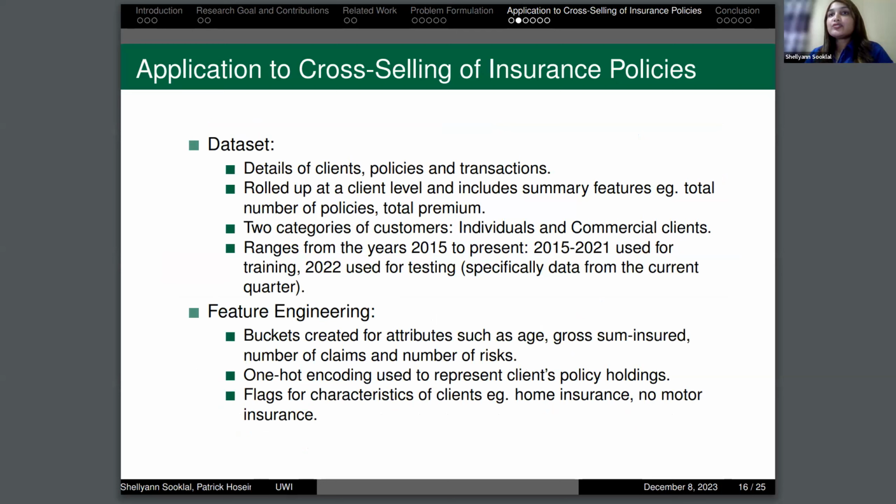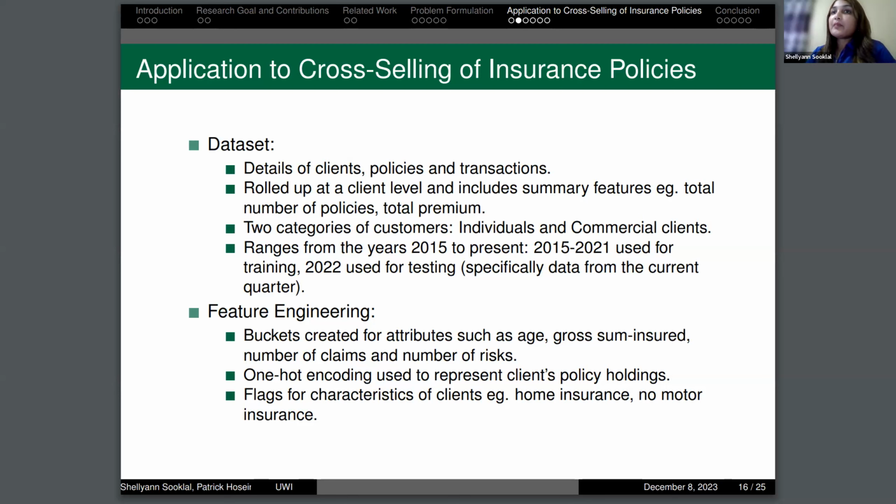The data contains two types of clients, individual and commercial, but for our testing, we only use data on individual clients. The data range from 2015 to present, and data from 2022 was used for testing, and everything prior to that was used for training.